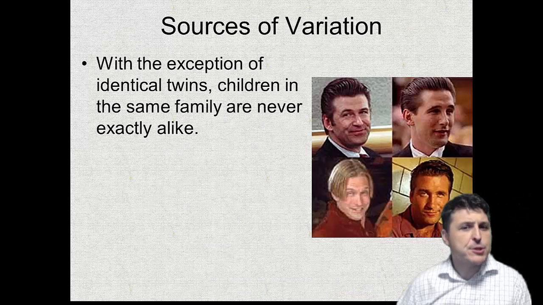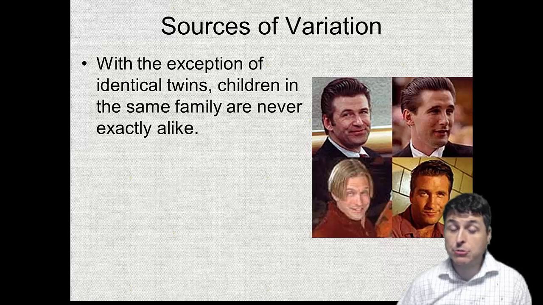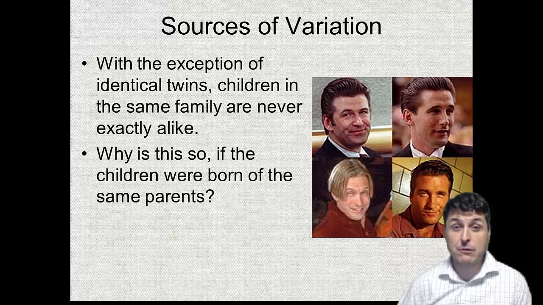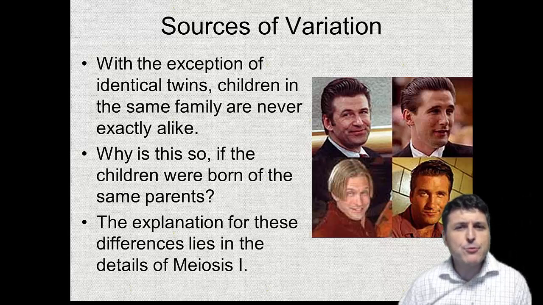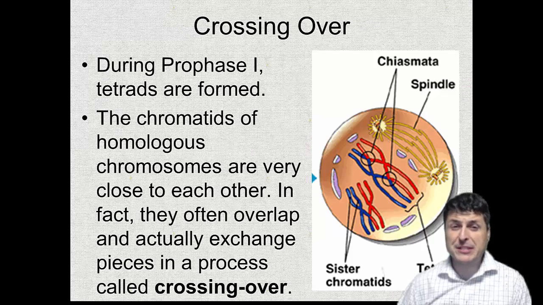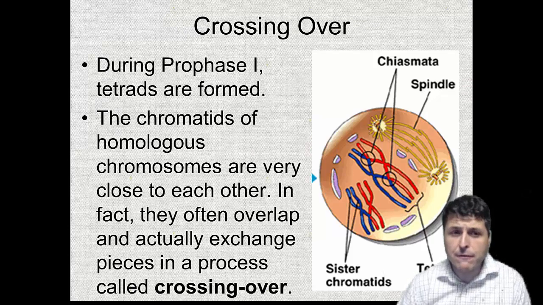Now, with the exception of identical twins, children in the same family are never alike, which is kind of strange because they're coming from the same set of parents. The reason why these children, like the Baldwin brothers, have genetic differences has everything to do with the details of meiosis 1. The first source of potential variation occurs during crossing over.